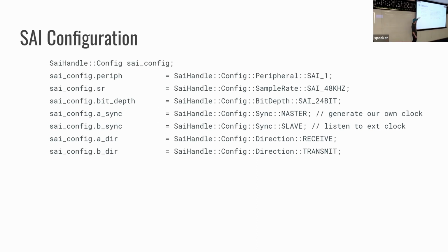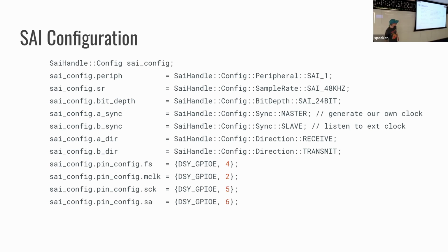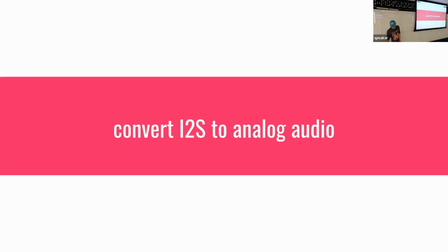Either receiving audio, like if you are making a guitar pedal and you want to have audio input and you're receiving a line level signal from there, or if you're sending audio. And then the pin multiplexing looks really similar to the UART setup. It's just GPIO, port E, pin 4, etc. And those also come from the Daisy reference manual.